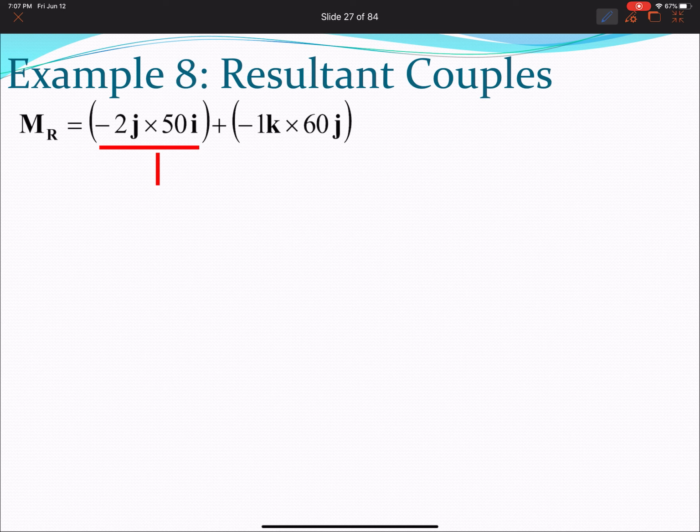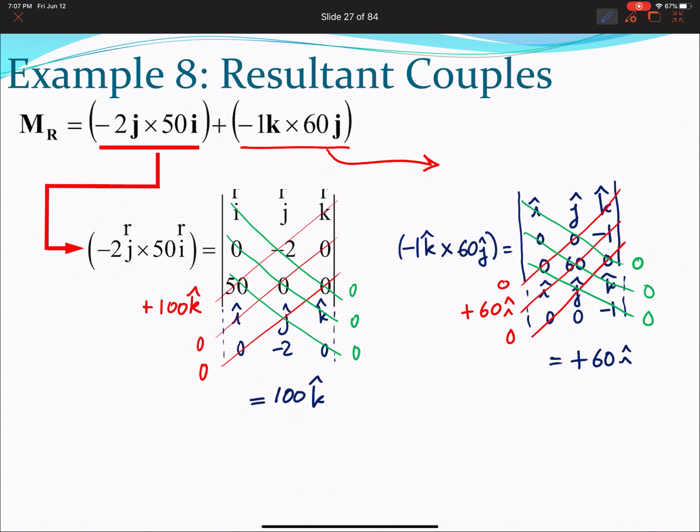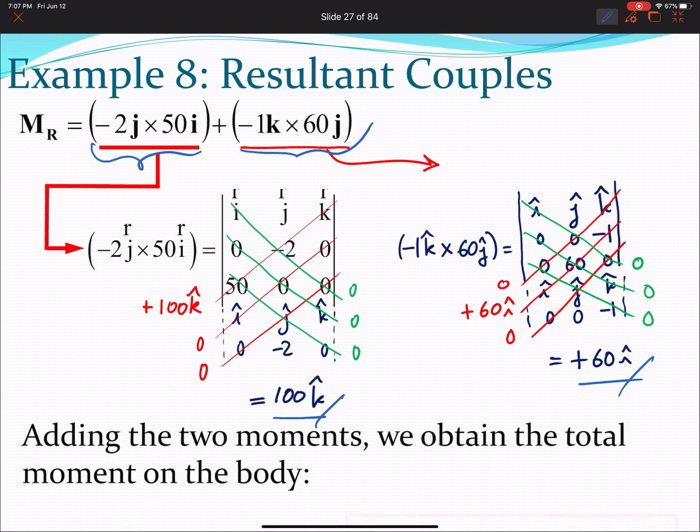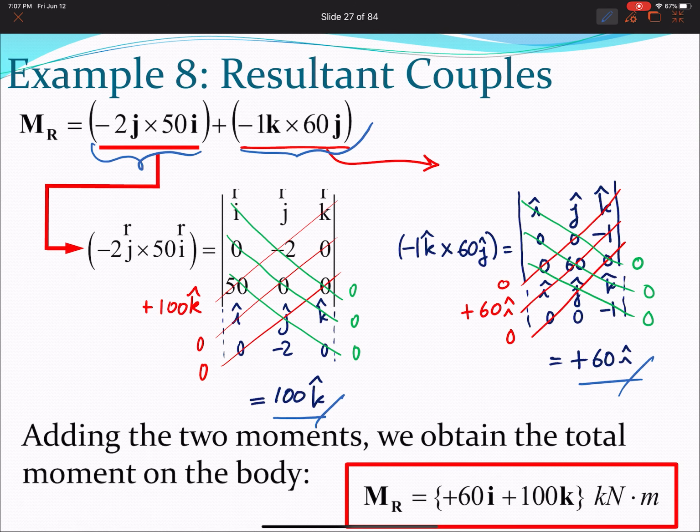This is the cross product for the one moment, and this is the cross product for the other one. So once you do the math, you get 100 k hat plus 60 i hat. So the resulting moment is 60 i hat plus 100 k hat kilonewton meter.